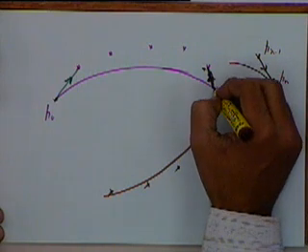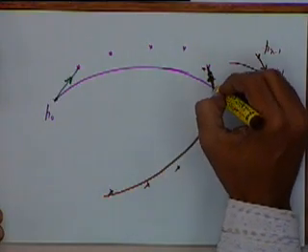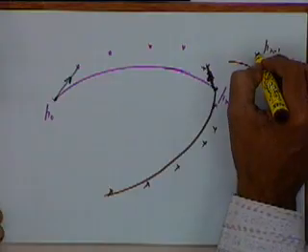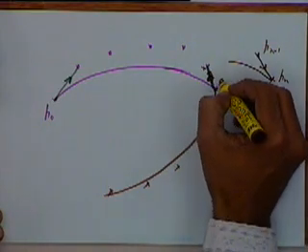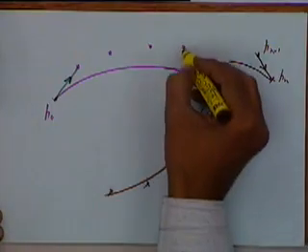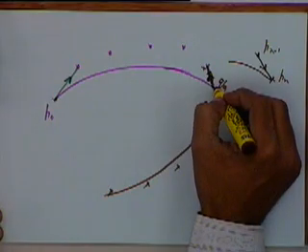Then I know for sure that the tangent vector here will depend only on Pn and Pn minus 1. The tangent vector in this curve will depend only on Q0 and Q1. So even if I change any of the other points, my continuity at this point is still ensured.